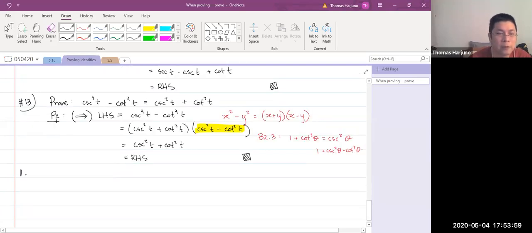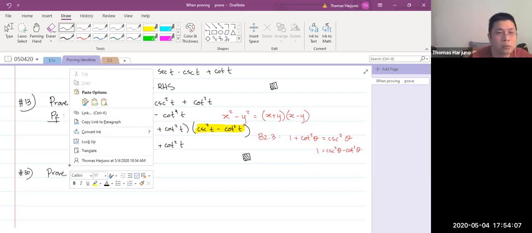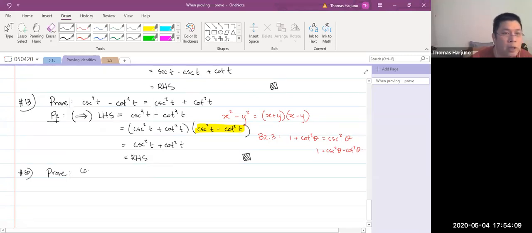Number 30, prove: cosine cube x plus or minus sine cube x over cosine x minus sine x equals 1 plus sine x cosine x.